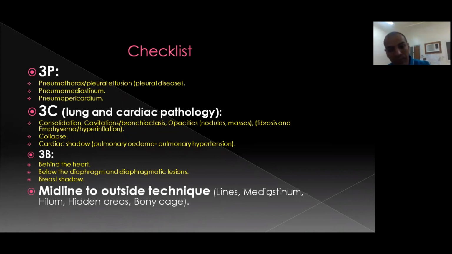Then the mediastinum, and 2H: hilum and hidden areas. We have 4 hidden areas: apex, hilum, retrocardiac, and subdiaphragmatic. All of these hidden areas we discussed before in our checklist. And the bones: you should see the ribs, clavicle, scapula, humerus, vertebrae, sternum.